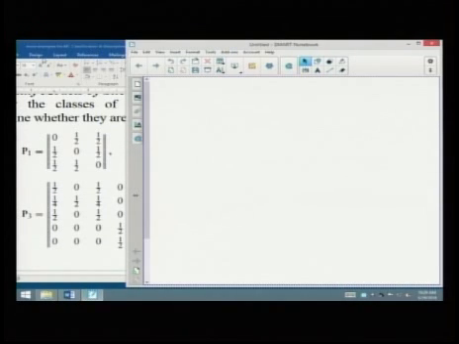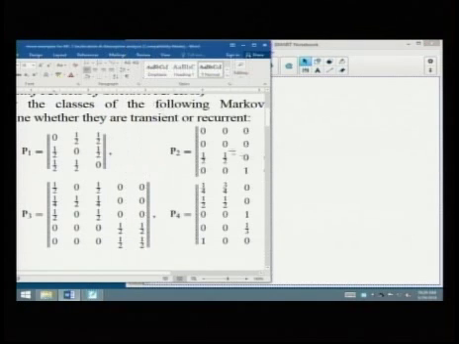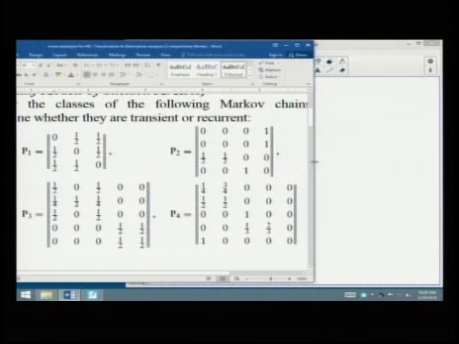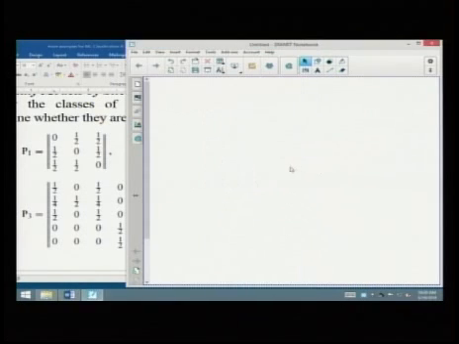Okay, so let's work on the first case. It will be very easy if you draw the transition diagram based on this one-step transition probability matrix, right?